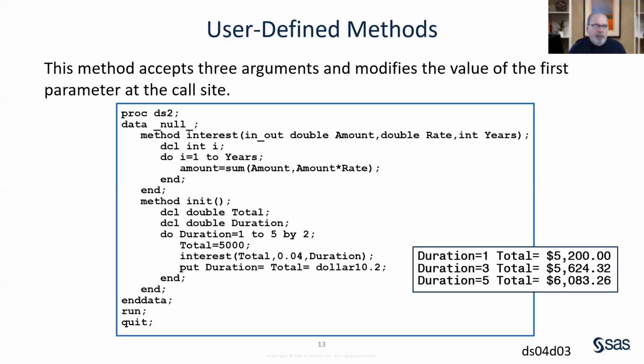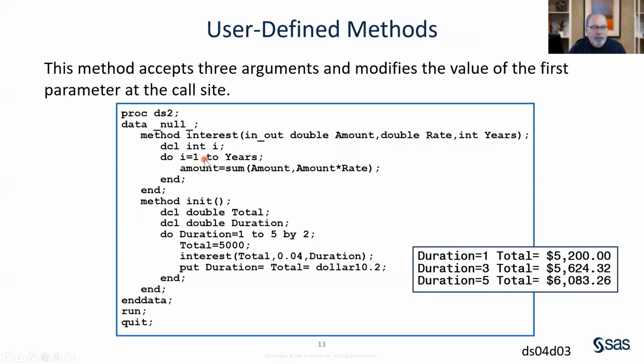So the definition for the interest method might look something like this. I'm defining the interest method with an in-out parameter that's a double precision numeric. Now this is going to have a variable name on the outside, but internal to the method, we're going to call it amount. And it requires 2 other parameters as well, a double precision parameter named rate and an integer parameter named years for the number of years.